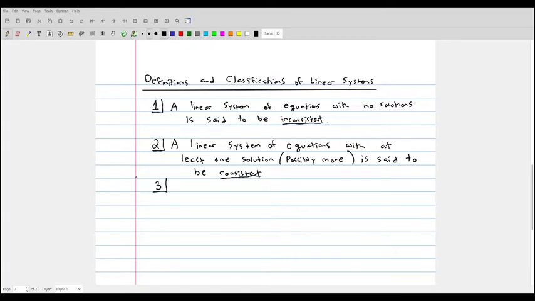And the third point here is that any linear system with more than one solution, and this is what I just said, has infinitely many solutions.